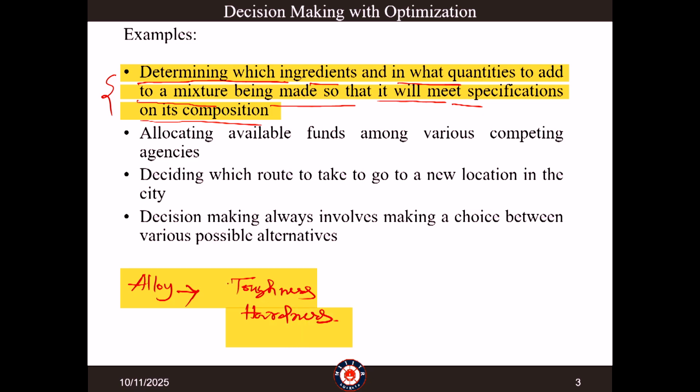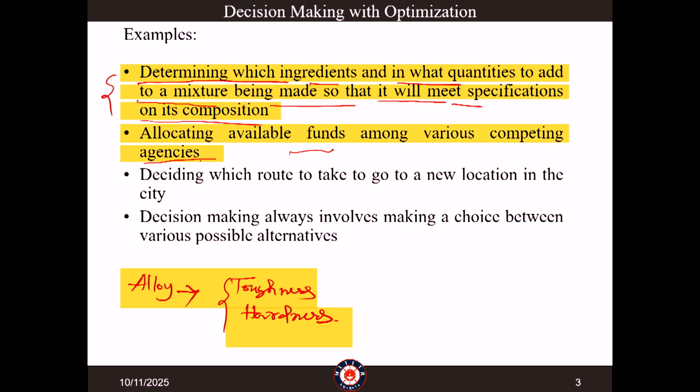And not only mechanical properties, these can be any properties, maybe electrical or chemical properties. Or allocating available funds among various competing agencies, or deciding which route to take to go to a new location in the city. This is basically a transportation problem. We will cover these techniques in a separate video in a later unit.